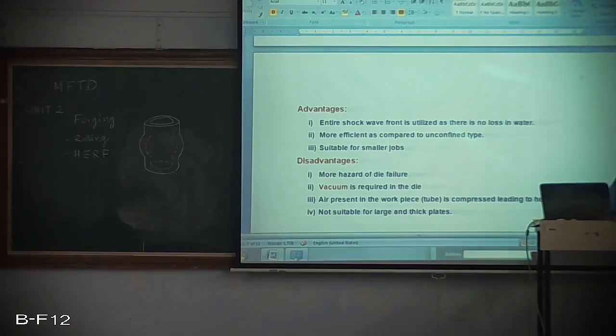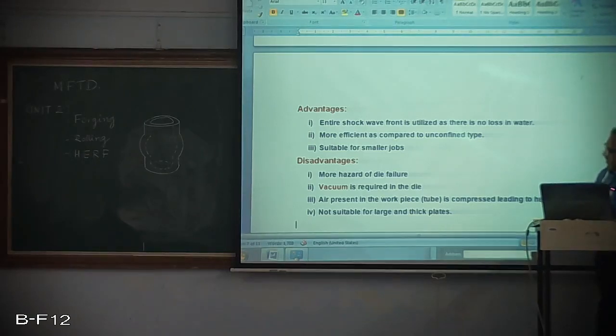So this is definitely going to be different on that count. Okay, so entire shock wave front is used. It's more efficient, as I said, because there is no loss in water. And advantages, it is very suitable for smaller jobs. The earlier method, unconfined type, is not suitable for smaller jobs, whereas this is okay for smaller jobs.